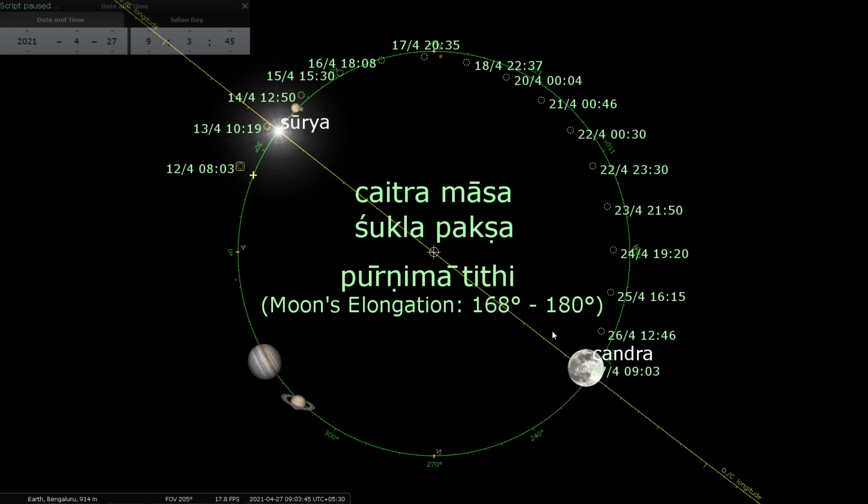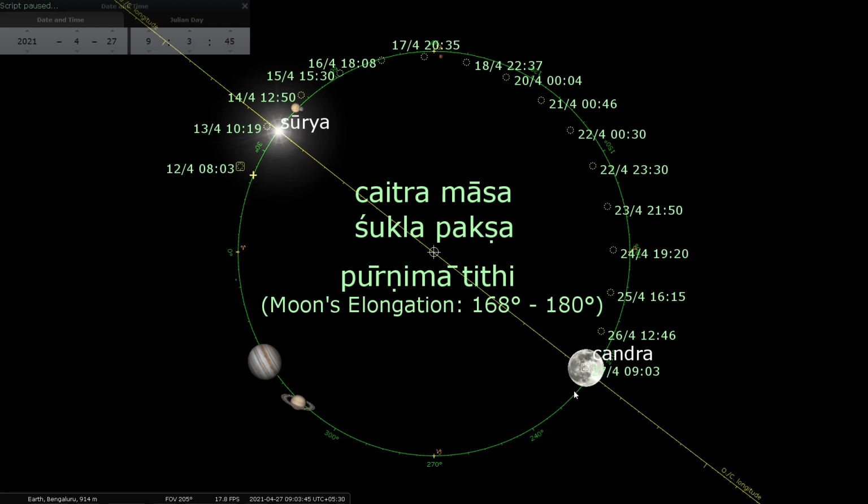So far we have been in Shukla Paksha. So the name Purnima is now applied to the entire Tithi from April 26th, 12:46 in the afternoon to April 27th, 9:03 in the morning. That entire period is called Purnima Tithi. And it ends at the moment of Purnima, which we have already seen in earlier episodes.